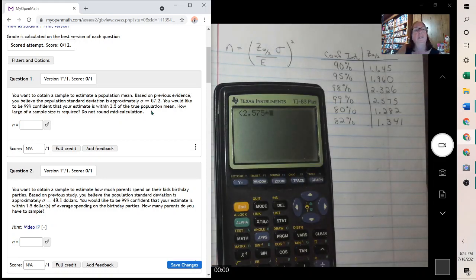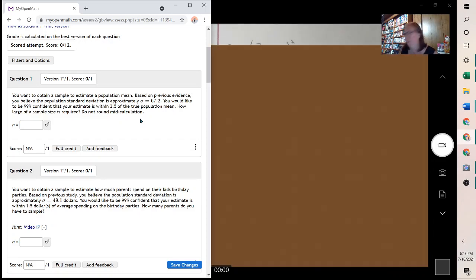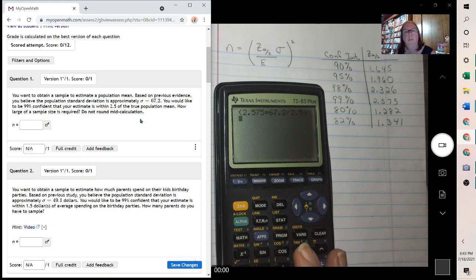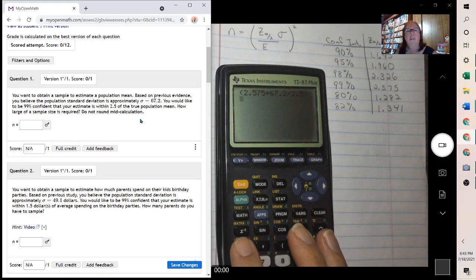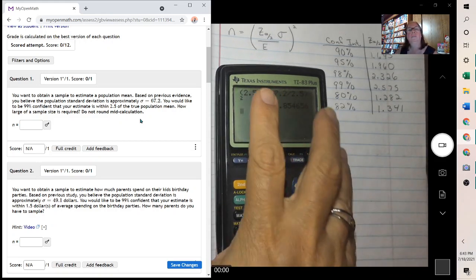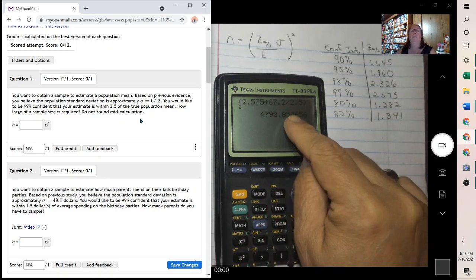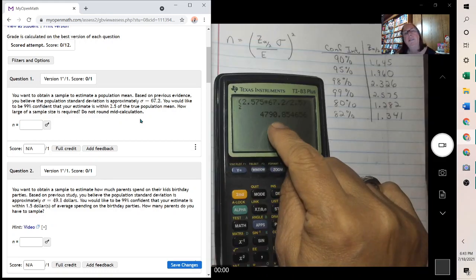In this problem, standard deviation right here, 67.2, divided by the error. We want it to be within 2.5. So you put 2.5, and then you square it, which is right here. And then hit enter. Now you always round up, no matter what the decimal is, so it should be 4791.